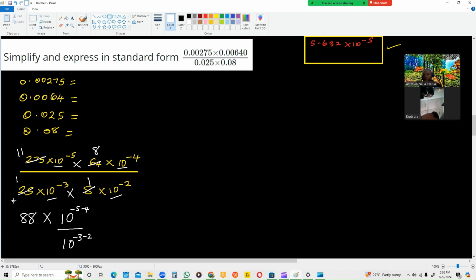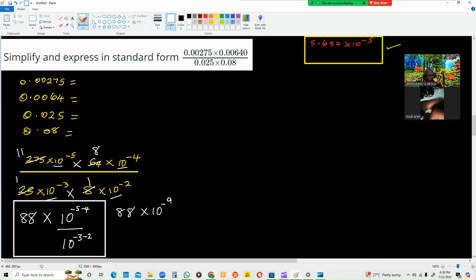Good. So I arrive at this spot. This is still 88 times 10 raised to power negative 9 all over 10 raised to power negative 5. Okay? So having said that, we can now have 88 times, I pick one of the 10.